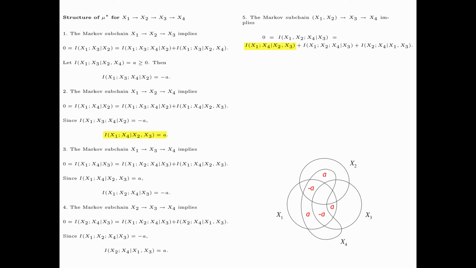The first one is equal to A, the second one is equal to minus A, and the third one is equal to A. This is indicated in blue in the information diagram. And therefore, we have 0 equals A minus A plus A, which is equal to A. Therefore, A is equal to 0, and so mu star vanishes on the corresponding 5 atoms as shown in the information diagram.